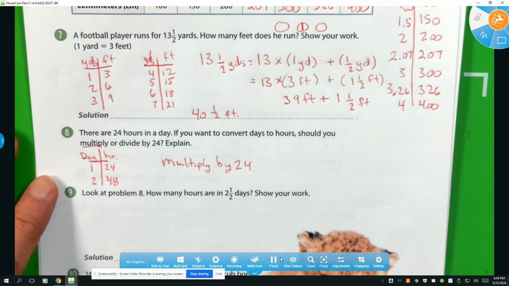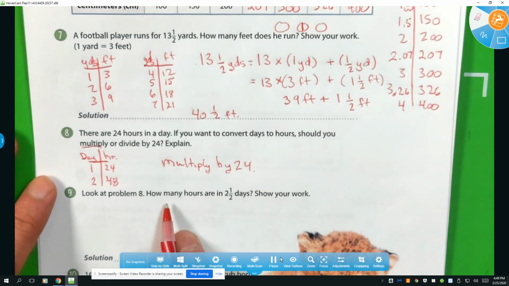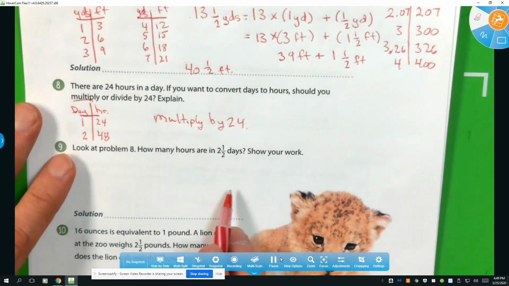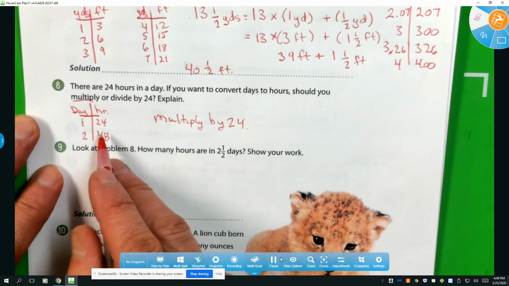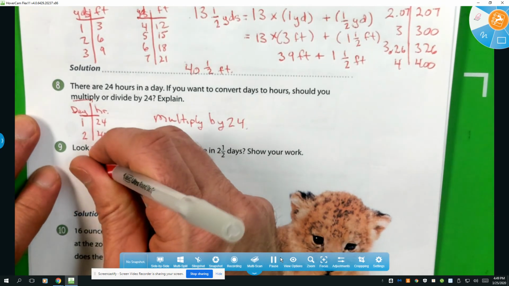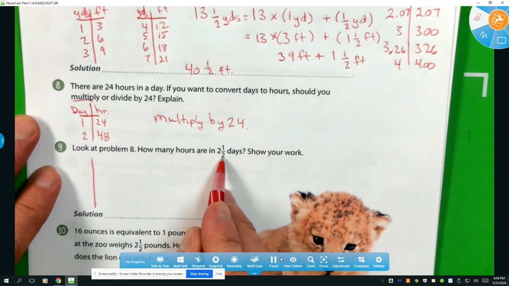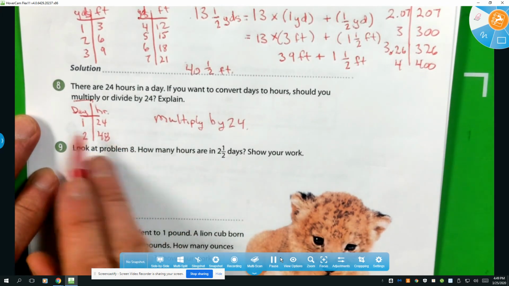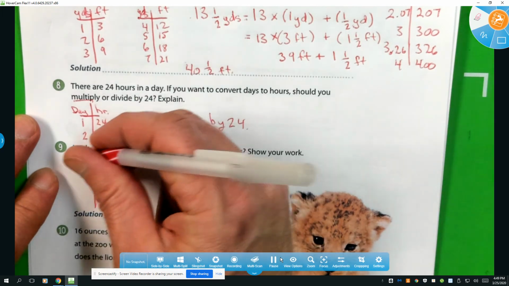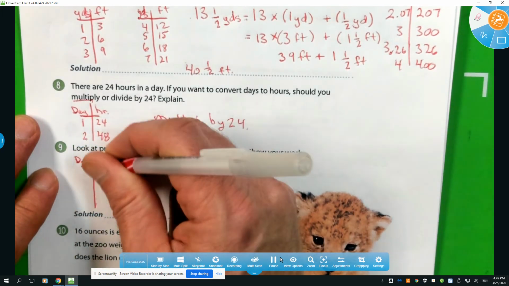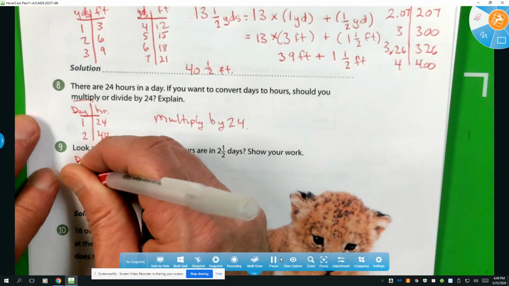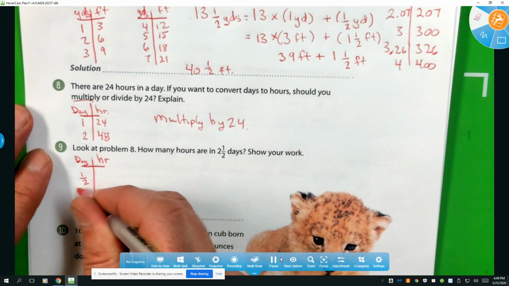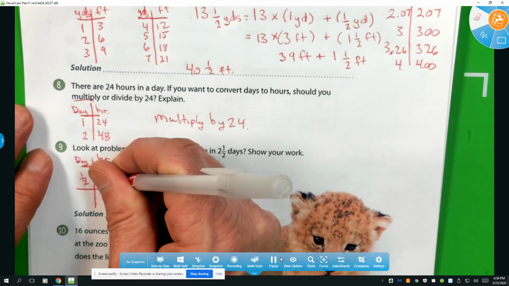All right. Look at problem 8. How many hours are in 2.5 days? Show your work. Let's just continue. Because we're going with half days, let's mess with the book on this, and let's not play by their rules of 1 to 24. Let's go by halves. So now we have day, we have hour. Well, what's a half a day? If a whole day is 24 hours, what is a half a day? 12 hours, right?